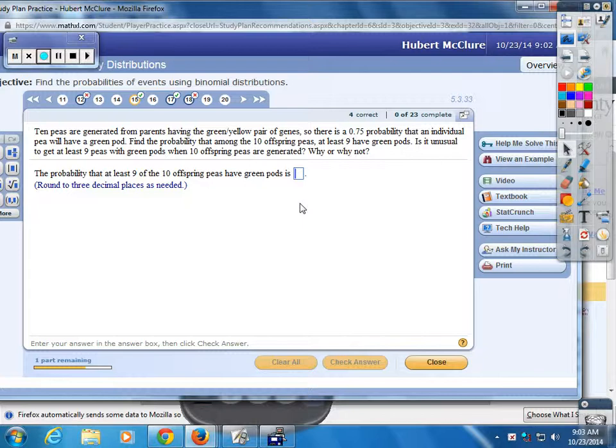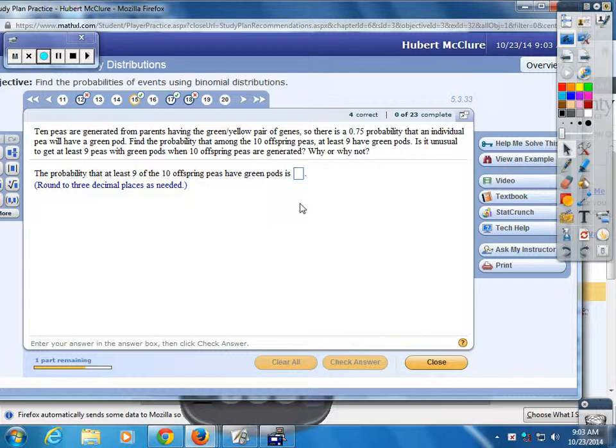Yep. So that means you got to do something with 9 and 10 probability. So work it out. Means you're going to have 2 N, P, Xs. One N, P, X is going to be 10, 0.75, and 9. What's the other one going to be? 10, 0.75, and 10.